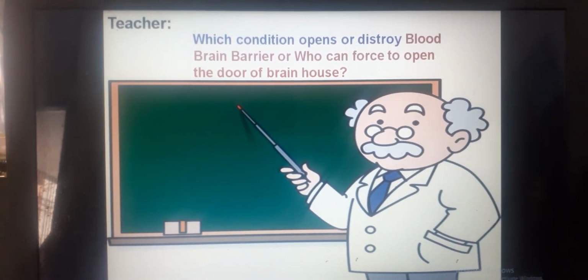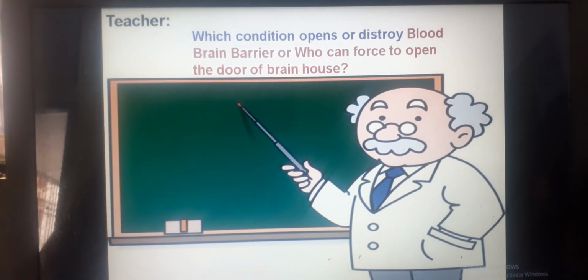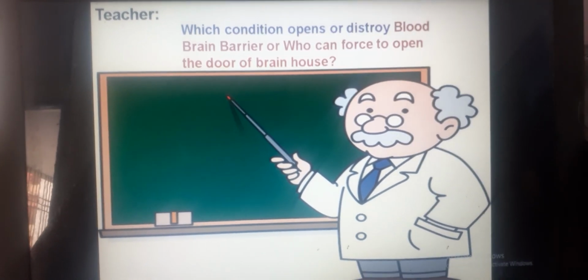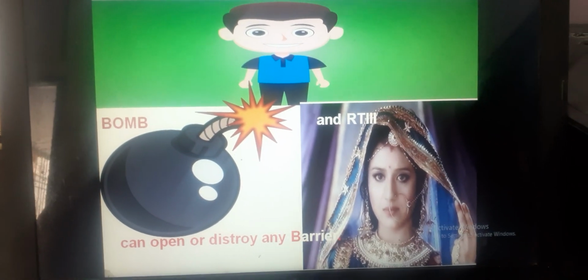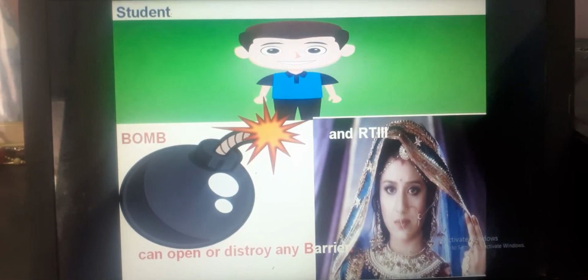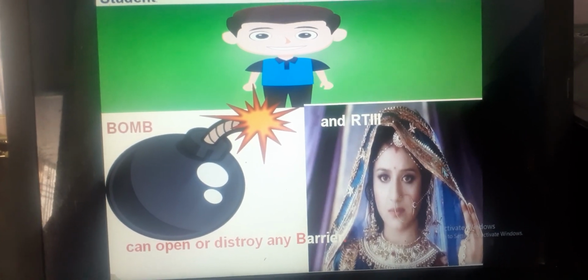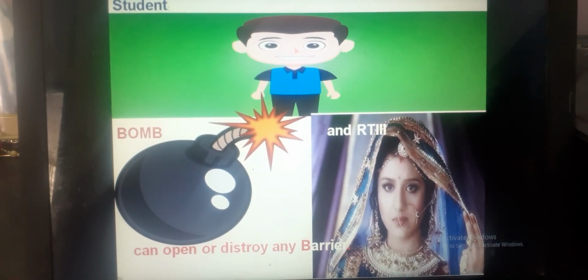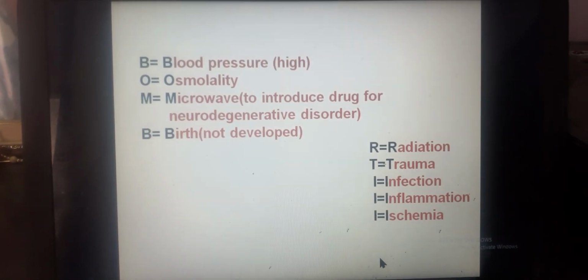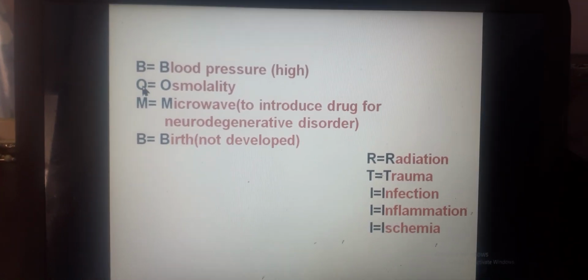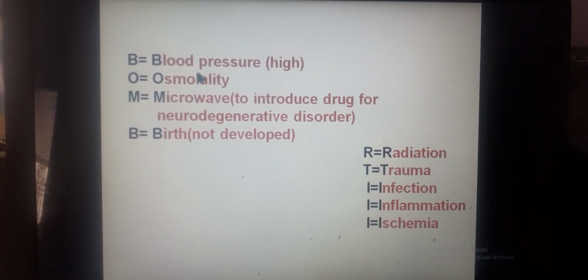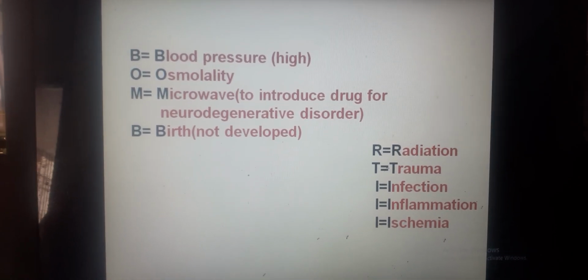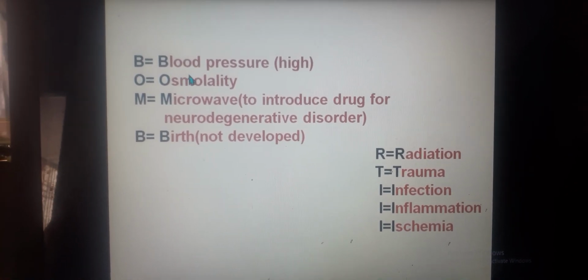Teacher: Which conditions open or destroy the blood-brain barrier? Student: BOMB and RATI. B for blood pressure: high blood pressure can forcibly open the barrier.